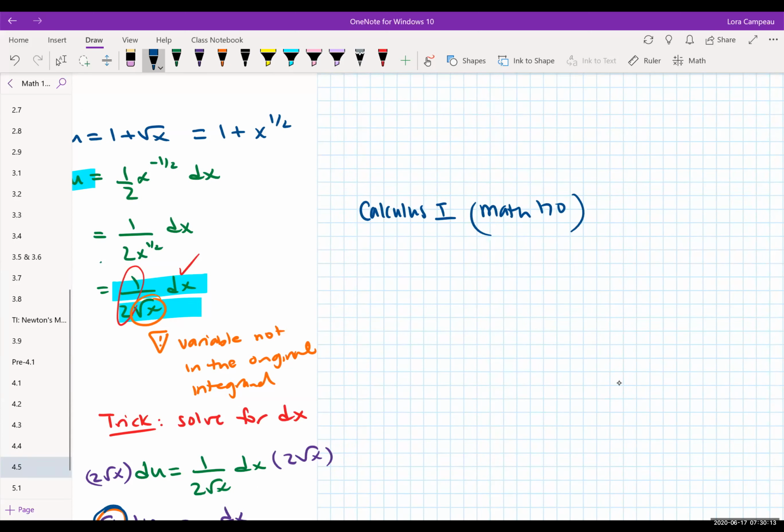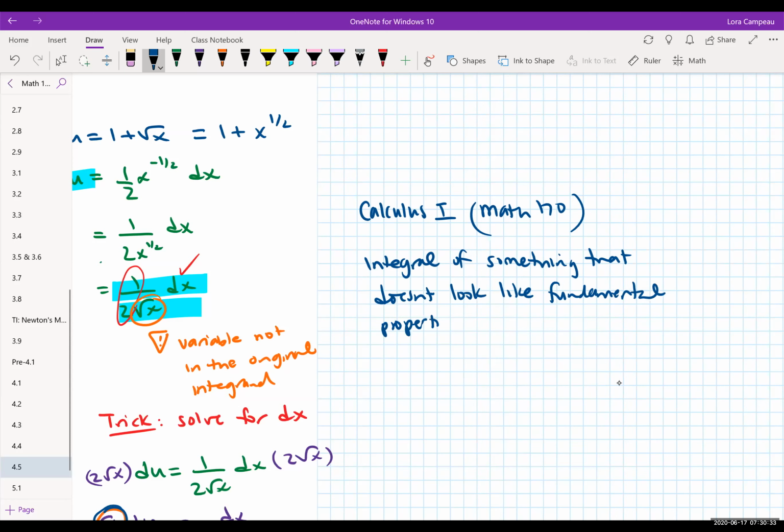When you have the integral of something that doesn't look like fundamental properties, there's two options we can play with.